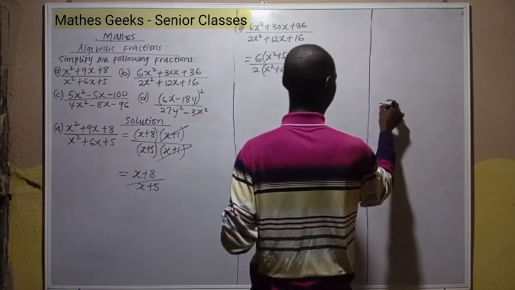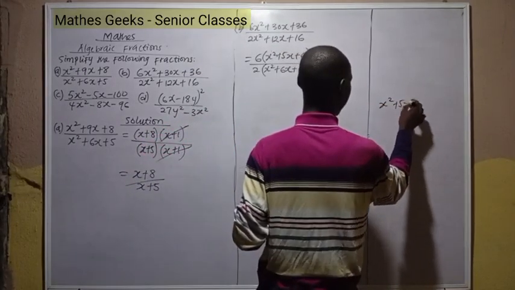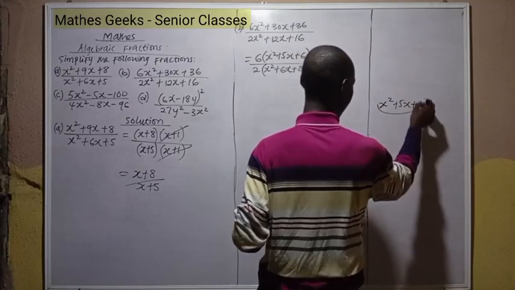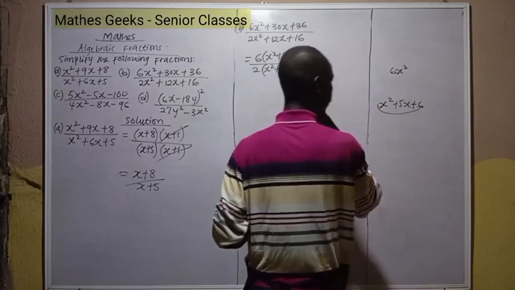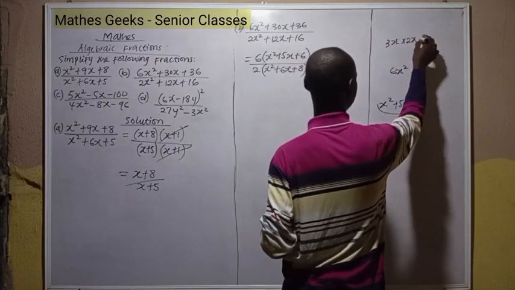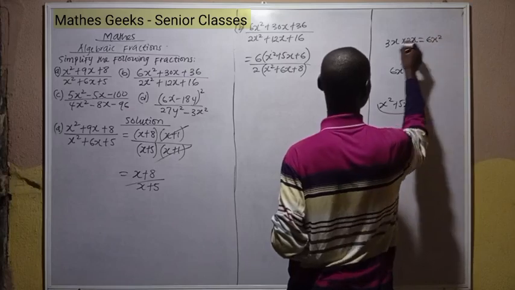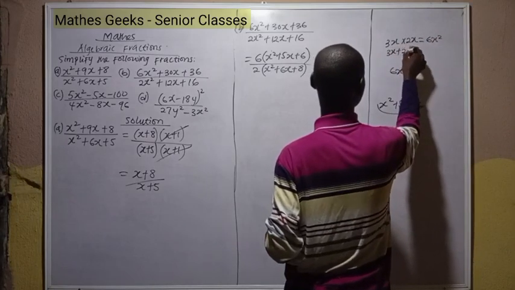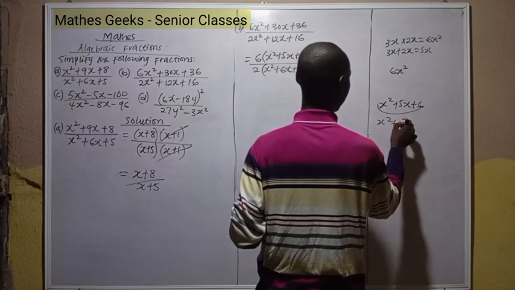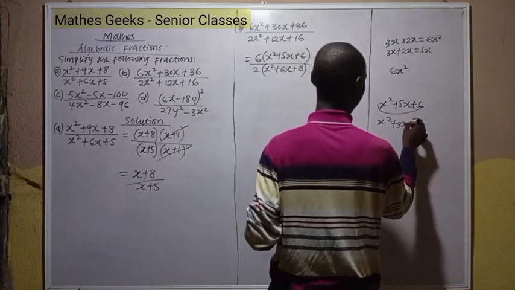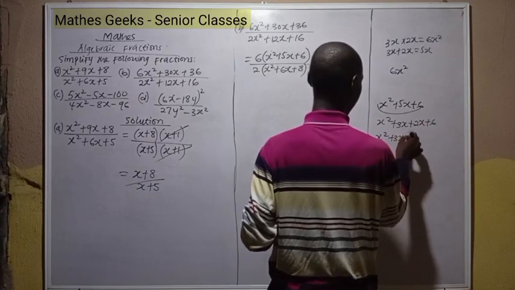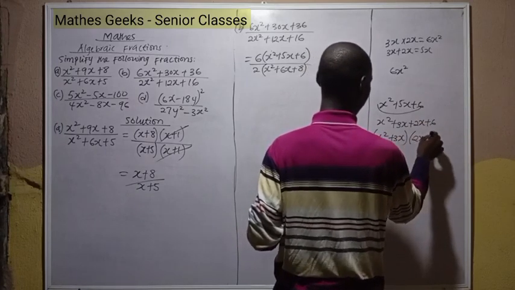So come here, x squared plus 5x plus 6. When we multiply, we're going to have 6x squared, so 3x times 2x gives us 6x squared, and 3x plus 2x gives us 5x. So x squared plus 3x plus 2x plus 6, which is x squared plus 3x, and 2x plus 6.